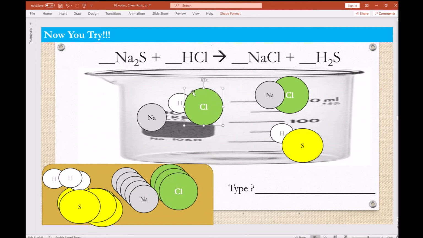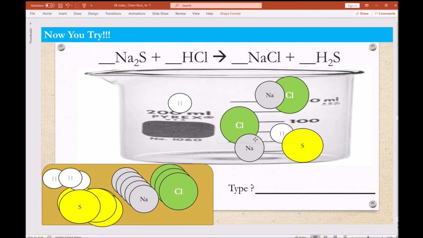To my reaction. Now that can react with this free sodium ion here to form another sodium chloride molecule. So there's that. And now I have that second hydrogen that I needed to make a full molecule of hydrosulfuric acid.